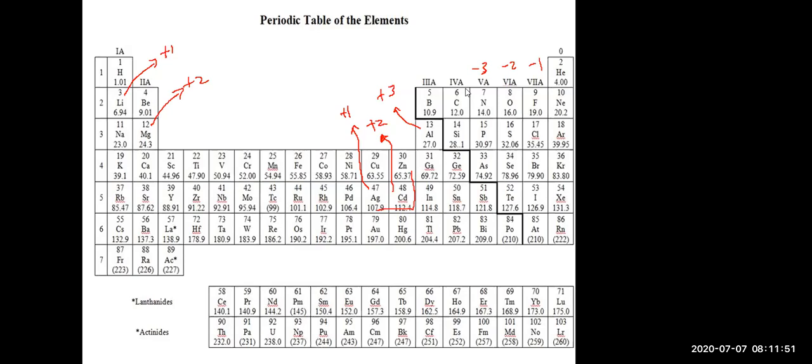Those three, although they are transition metals, will have fixed charges: +2 for zinc and cadmium and +1 for silver. Everybody else in the transition metal region will have a variety of charges. Also a little bit outside the transition region, in the area down here, those will have a variety of charges even though they're not technically transition metals.